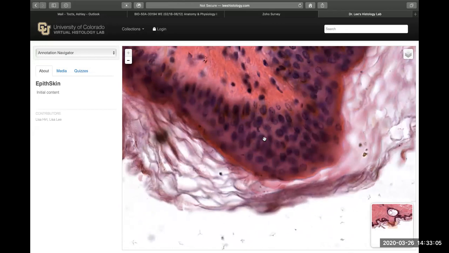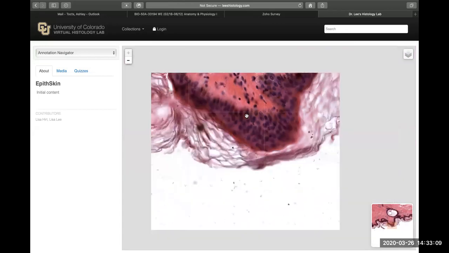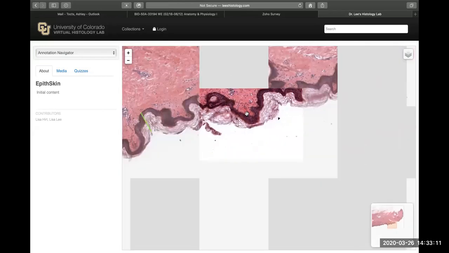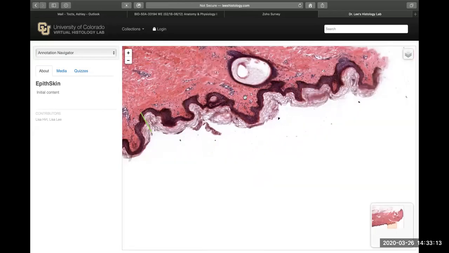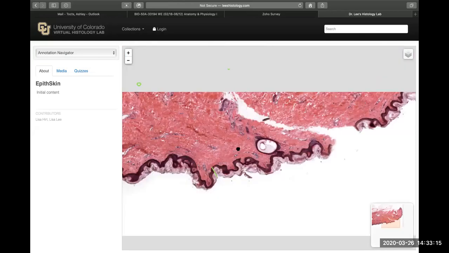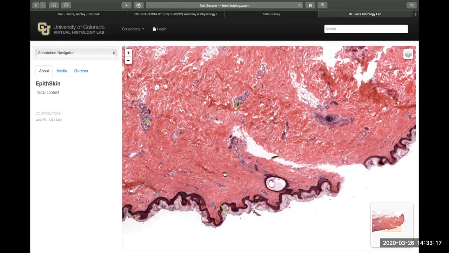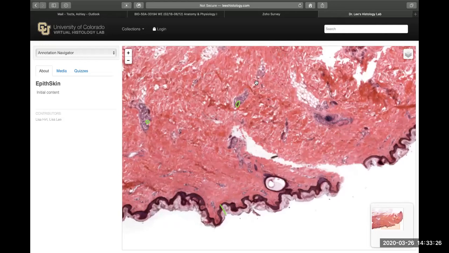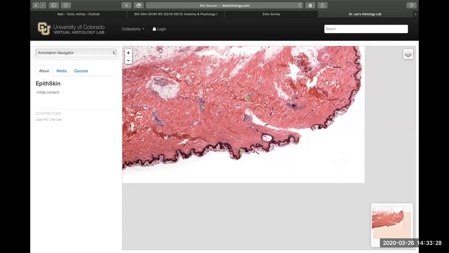But what you can clearly see from this picture is the line between the underlying connective tissue of the dermis and the epidermis. The dermis, as you can see, is very, very large and contains lots of blood vessels and other structures. Deep to that, you've got the hypodermis, which is the fat layer, right?